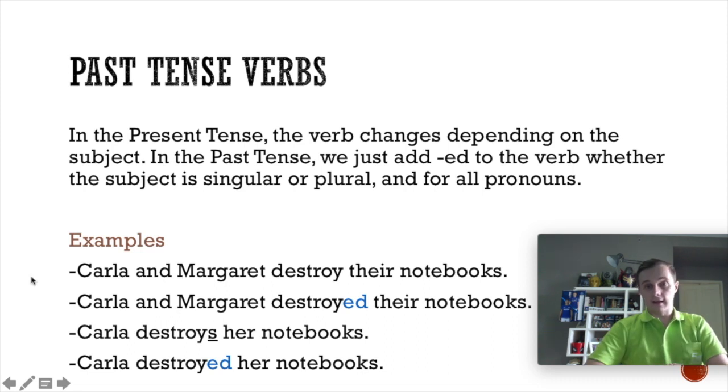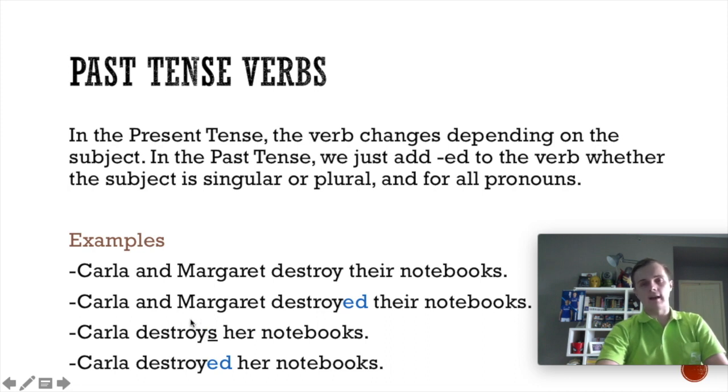Now in the present tense, if there's only one noun in the subject or a singular noun in the subject, we would add s to that verb. So instead of Carla and Margaret destroy their notebooks, if I'm only talking about Carla, Carla destroys her notebooks. We add s to that verb.